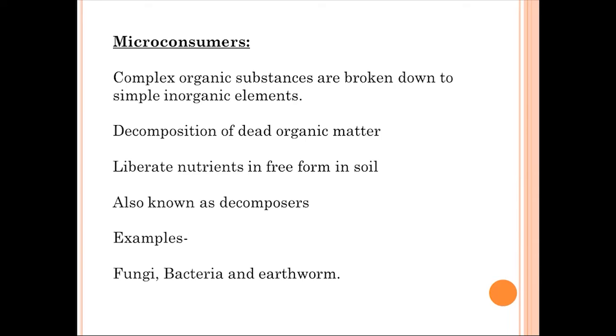So the complex substances are converted into simple substances and made available again to the plants so that they can absorb these elements from the soil. Okay, so in the first lecture itself, I told you nature is a very good example of sustainability. It recycles everything, nothing goes waste. So the decomposition part is done by micro consumers.